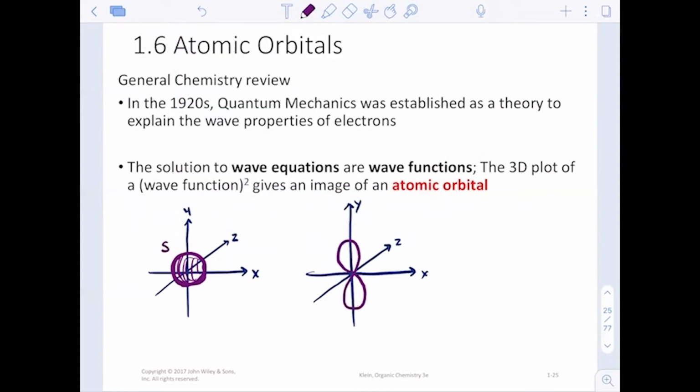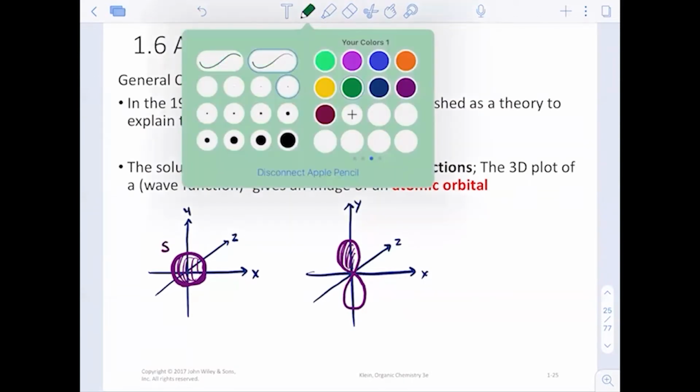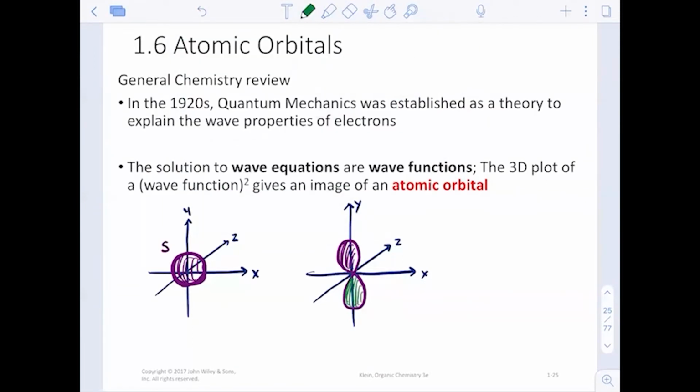And these were all probabilities, one side shaded one color, the other side shaded with the other color.